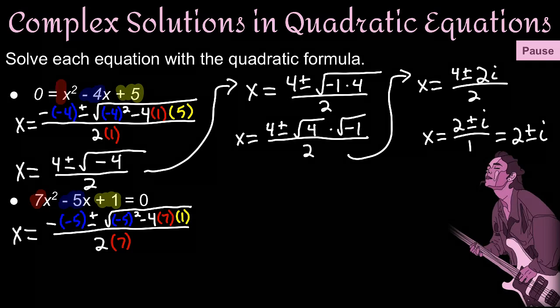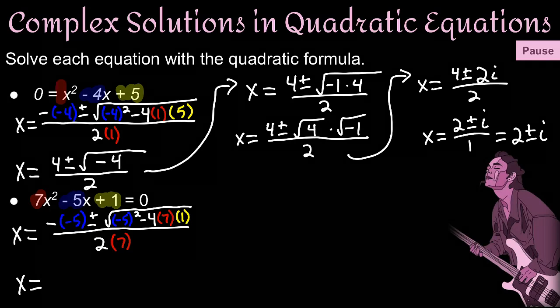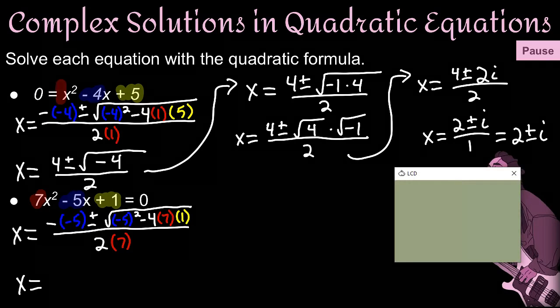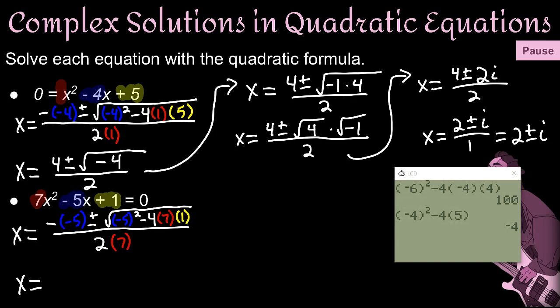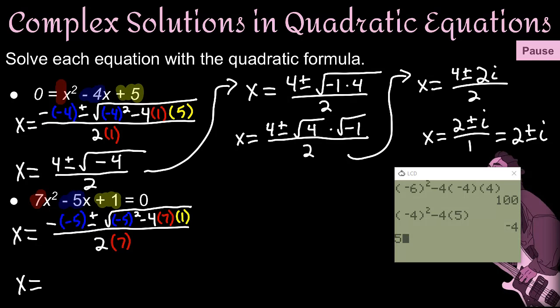Now, the next step is I'm going to take that discriminant underneath the square root, and I'm going to do it on my calculator. So let's bring that up. So under the square root there, you can do the negative 5 squared, but you can also notice that negative 5 squared is the same as 5 squared, and just do 5 squared.